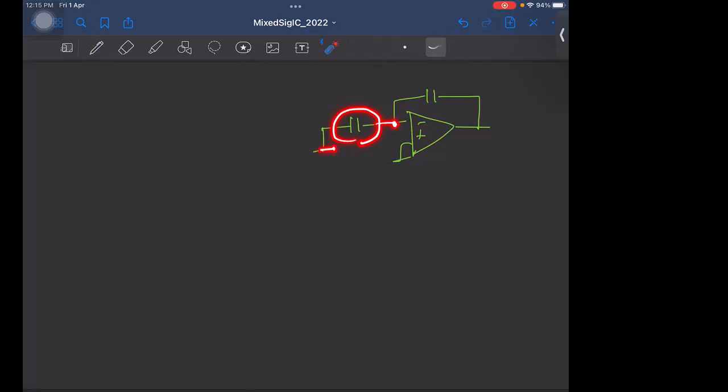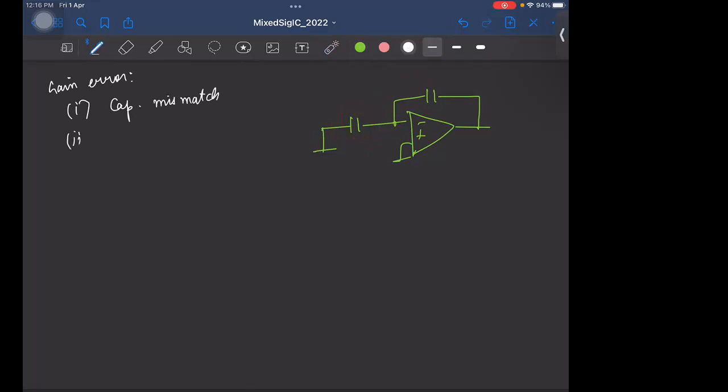So the entire charge in the capacitor will get transferred to the feedback capacitor, and that is when we'll get the exact gain of whatever you want. But if the op-amp has finite gain, that's not going to happen. So the gain error can come from two things. One is the capacitor mismatch, and the other is the finite DC gain of the op-amp.